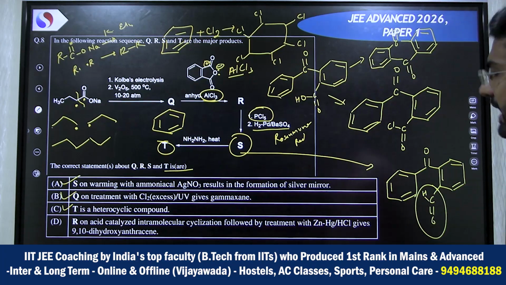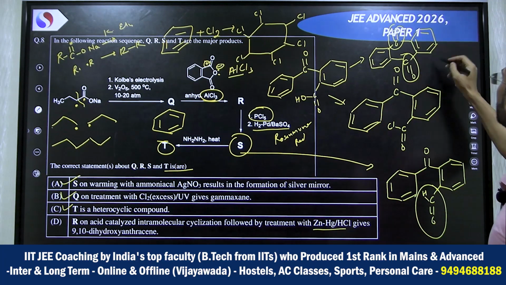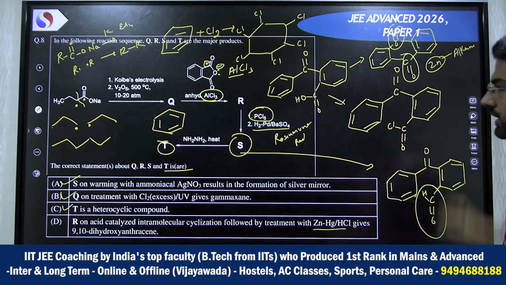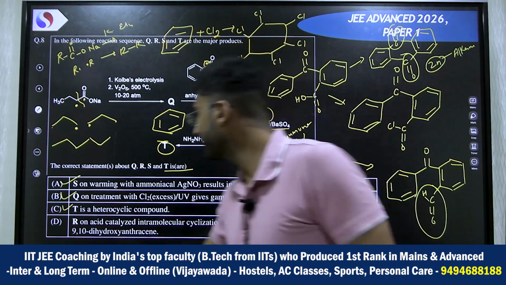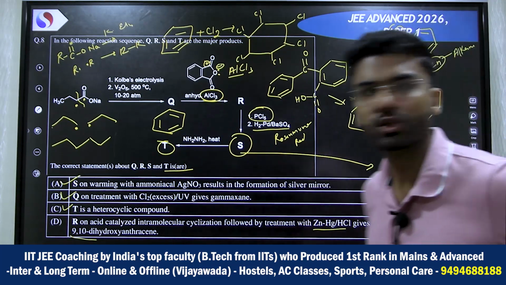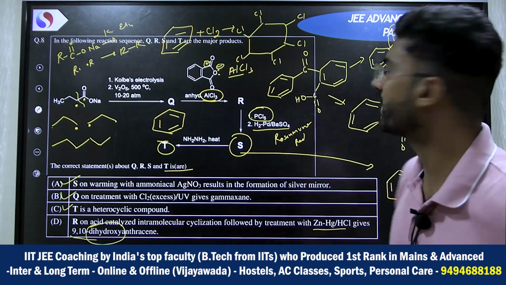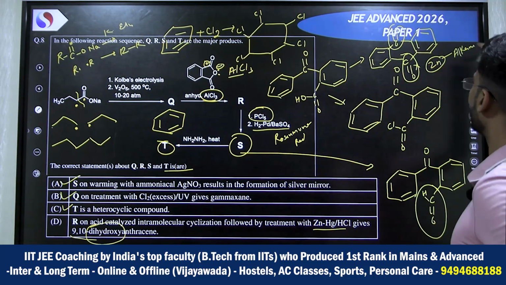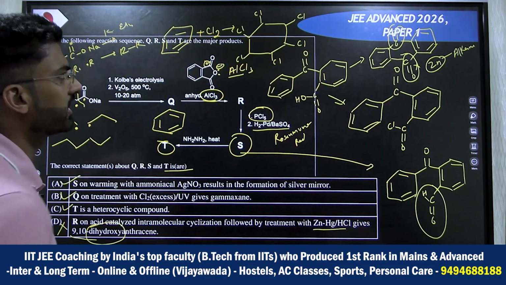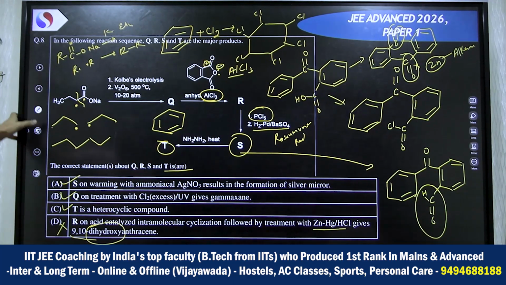Further, if you add zinc mercury, zinc will reduce this up to the alkane. But they are saying it will form 9,10-dihydroanthracene, which means there is no chance of the hydroxy group being left. So the hydroxy group will not be left, it will be converted into CH2. So option D is the incorrect answer. So options A, B, C are the correct answer.